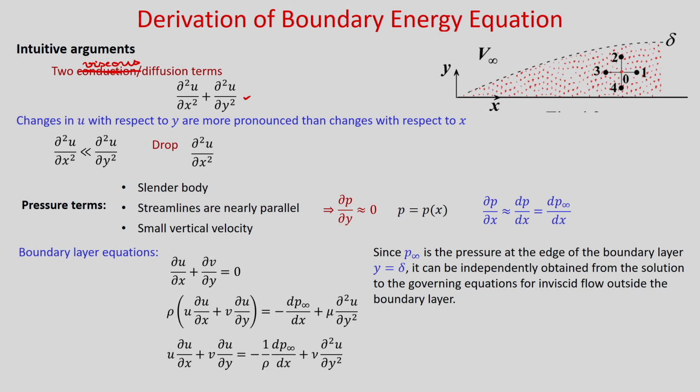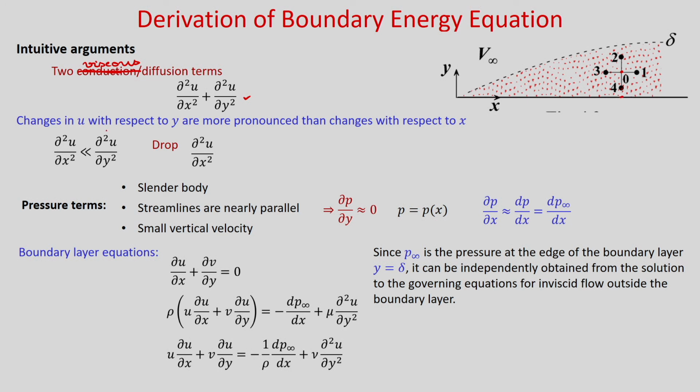Obviously it will travel to position 4 because it will have less velocity. If it travels from 0 to 4 then it will have less velocity, and if it ultimately goes to the surface then it will not feel any velocity.